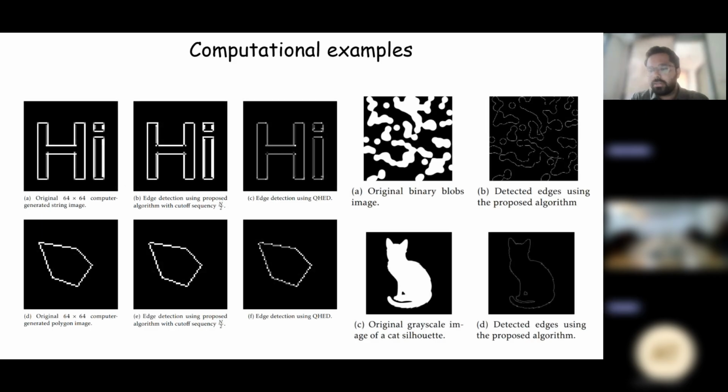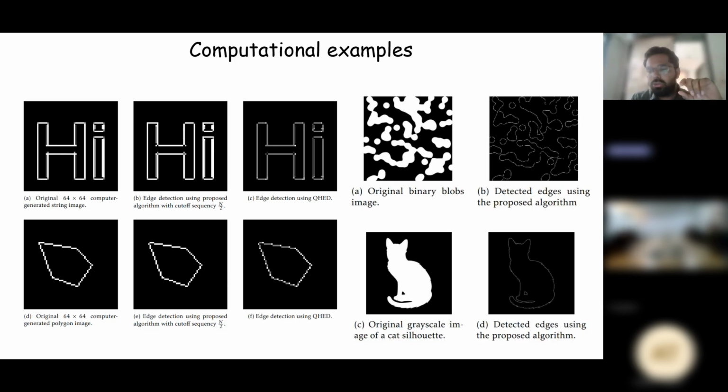these are some examples using the algorithm. Here, you see there's a 64 by 64 computer generated string image. These are generated such that we are just getting the edges of something and nothing else.